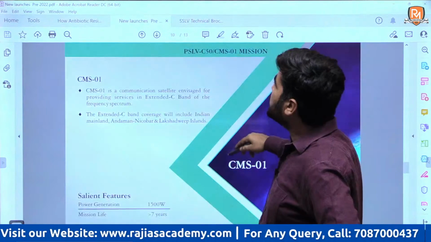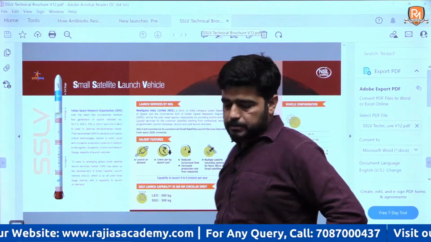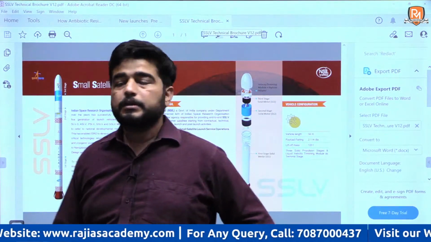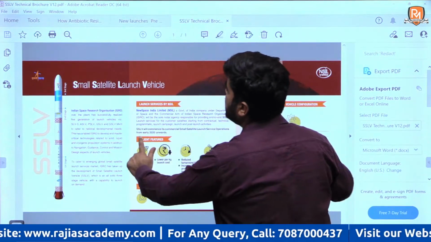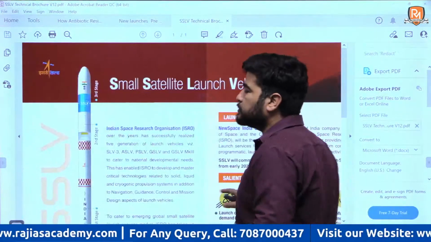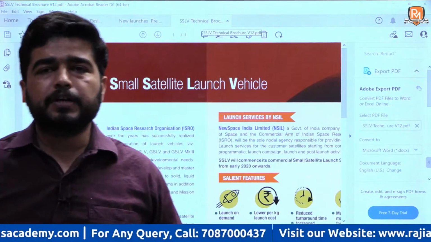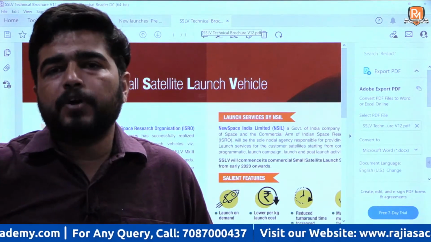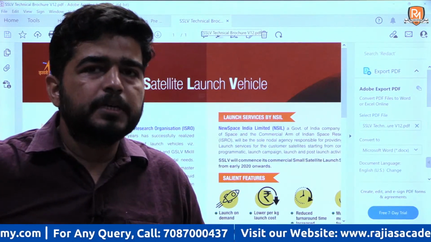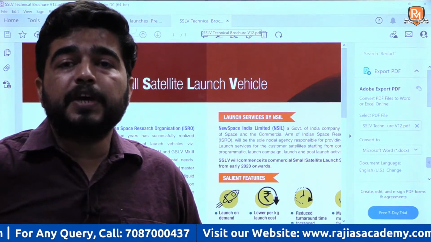Another important thing about last year's space research is the small satellite launch vehicle. What is the issue? When we use PSLV as a launching vehicle for small satellites of 100 kg, 200 kg, the cost is very high.